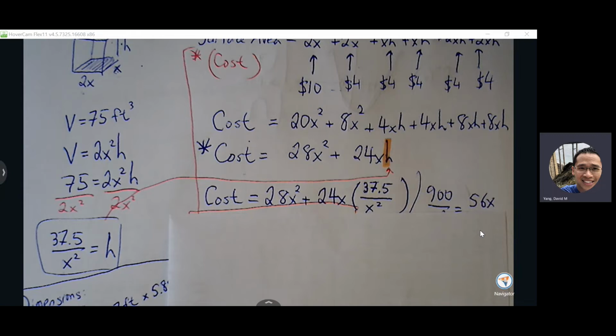So once I get my cost equation, I do want to get it ready for power rule. So I want to clean this mess up. Multiply the 24 and 37.5, take out one of the x's.